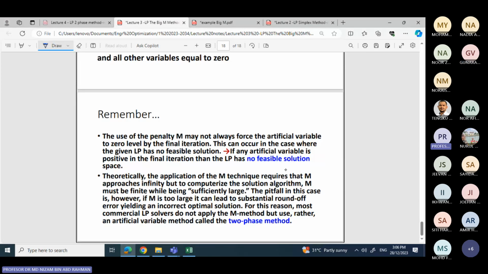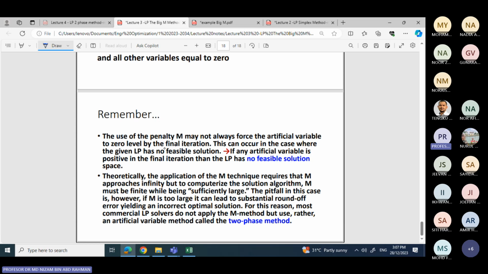Remember, the use of penalty M may not always force the artificial variables to 0 level by the final iteration. This can occur in cases where the given linear programming problem has no feasible solution. So as mentioned just now, whenever you use this penalty big M, the artificial variables do not always go to 0 level at the final iteration.